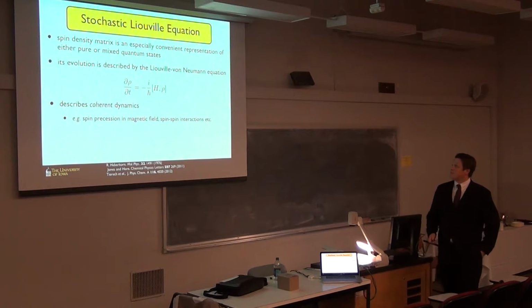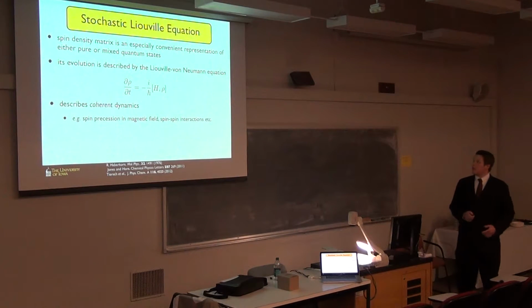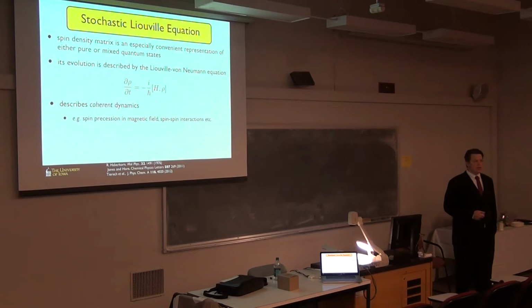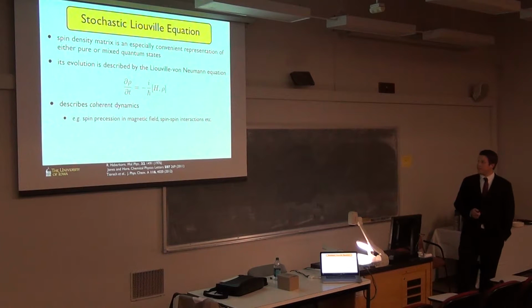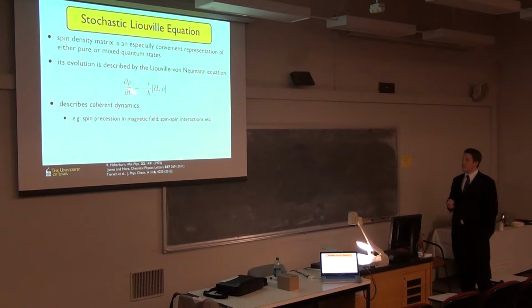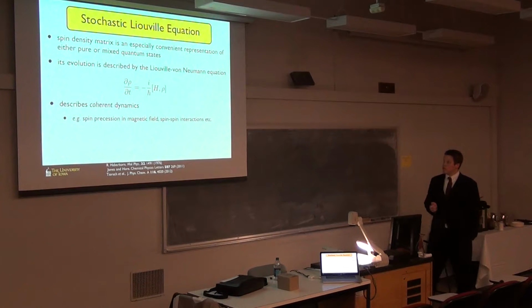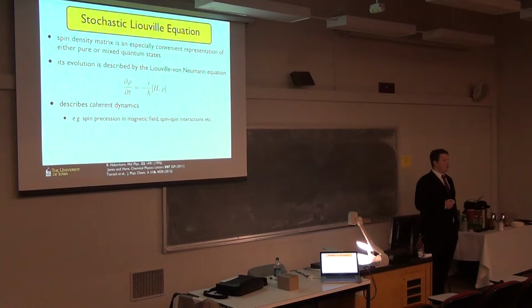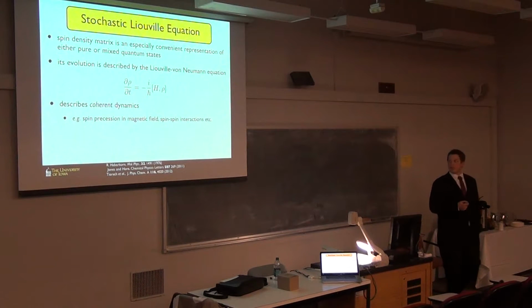Okay, so at this stage, I came in and looked at how to model this system theoretically. And just to review this again, this is the Liouville-von Neumann equation, which describes the coherent evolution of the spin density matrix.